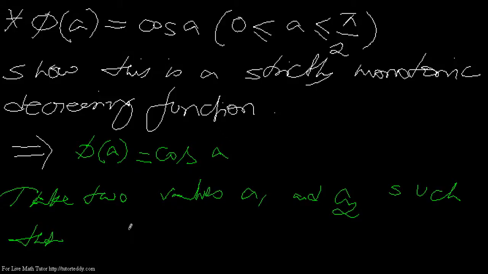So such that 0 less than equal to a1, this one is not equal to, this is a1 less than a2, and then again less than equal to pi by 2.